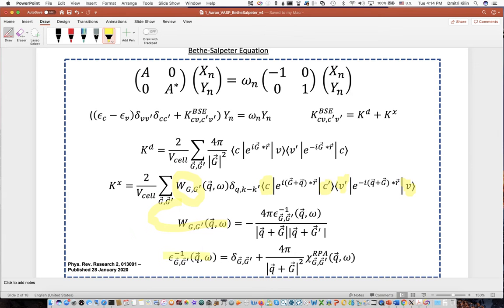Those are the three things that VASP needs to compute to be able to solve this Bethe-Salpeter equation. My next couple of slides will go over the protocol for how to compute these things in VASP. Next slide.